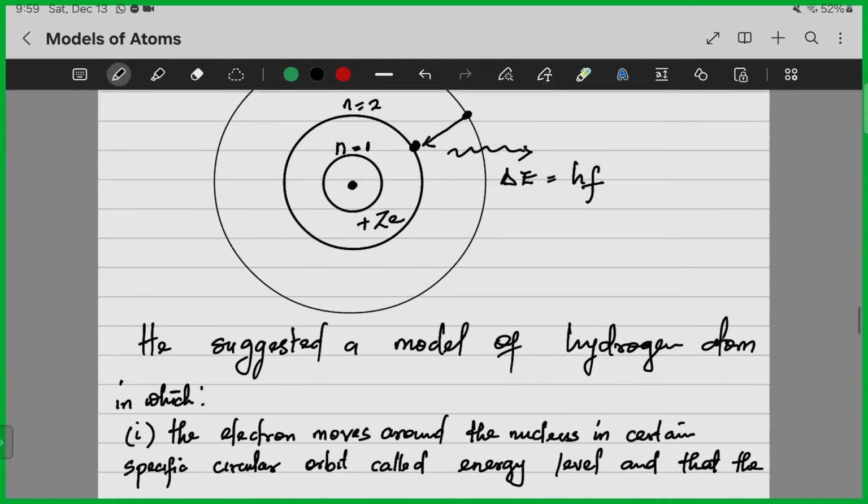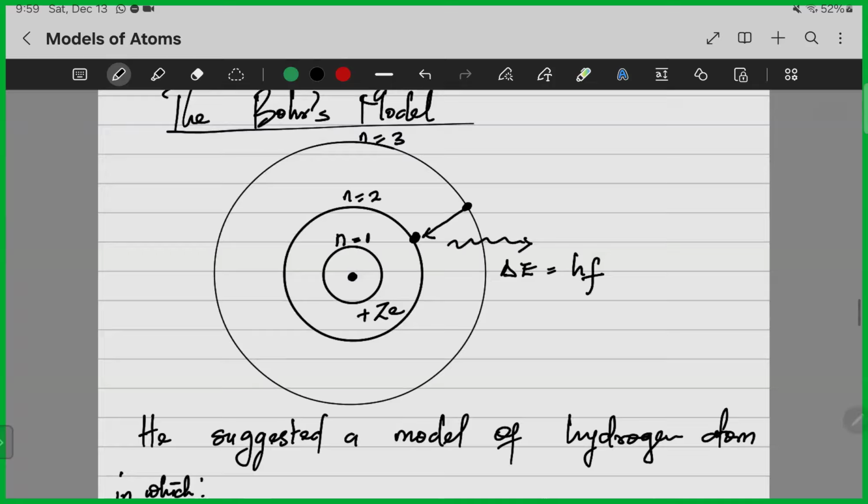Now, in the diagram, this is the nucleus. These things are the orbits.